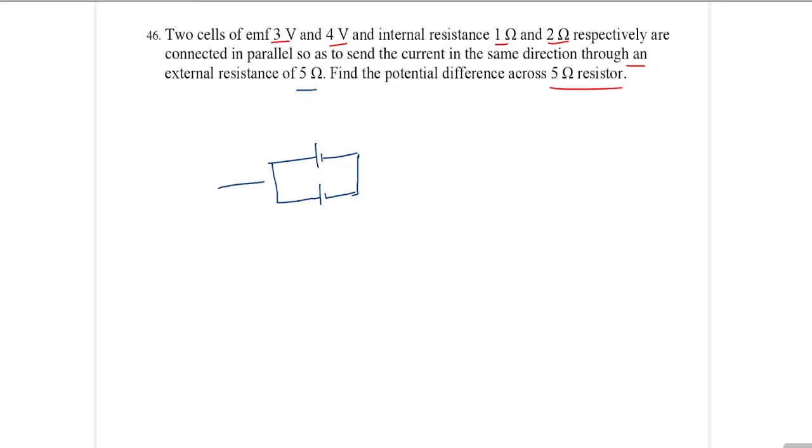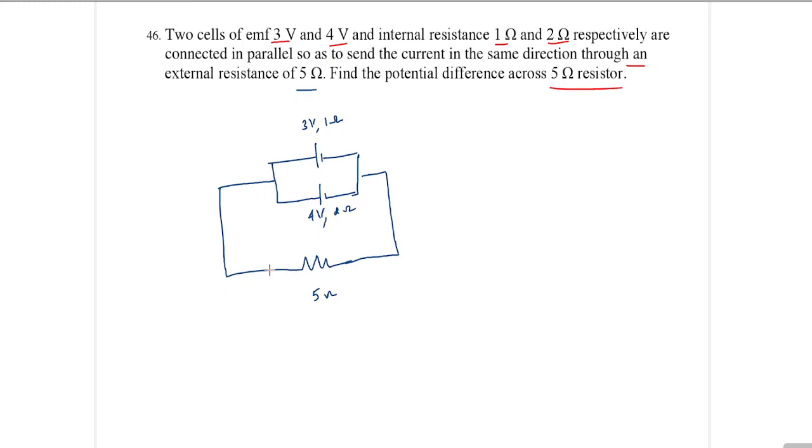Now this is a 3 volt battery with 1 ohm as internal resistance, and this is a 4 volt battery with 2 ohm internal resistance.